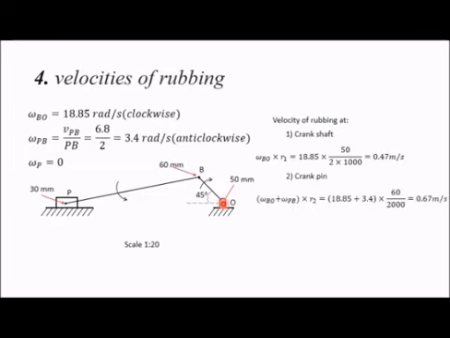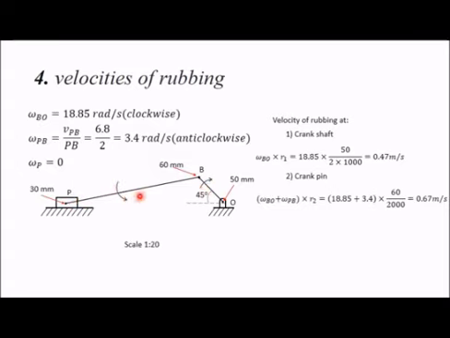Now next is at crank pin. It is the connection of crank and connecting rod, both are revolving. So crank is rotating in clockwise direction and this connecting rod is rotating in anti-clockwise direction.